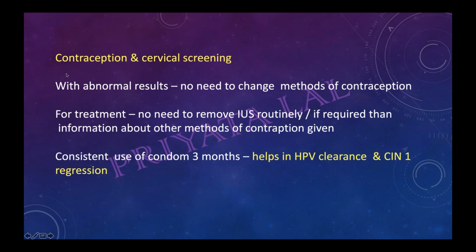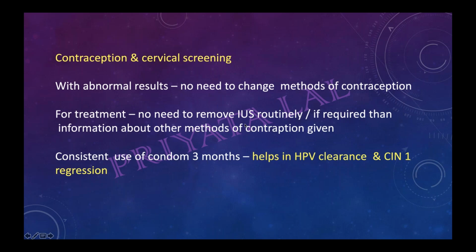Now, a few things. If the patient is on contraception, for example, the patient was on OCP and she's on cervical screening, if any test comes abnormal, in that particular situation there is no need to change any kind of contraception. Whatever contraception she's using, if she is using any kind of pill, she can continue with this.